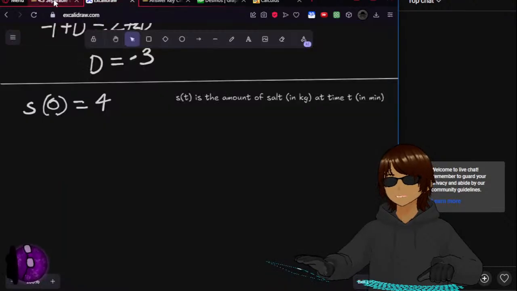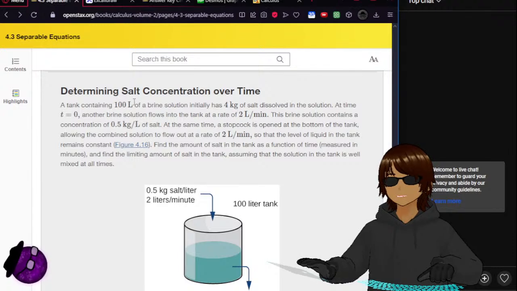It's 0 right now. A tank containing 100 liters of brine solution initially has 4 kg. Find the limiting amount of salt.